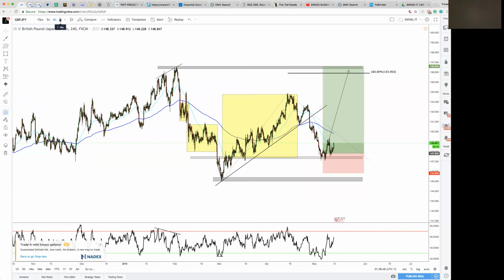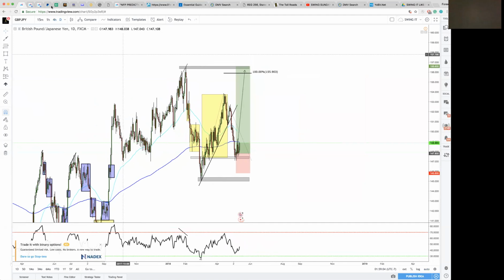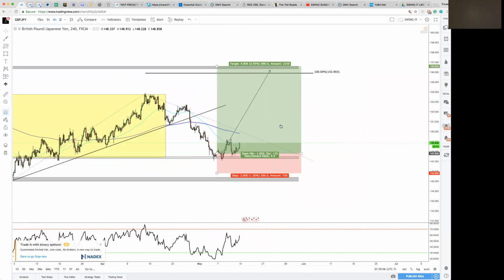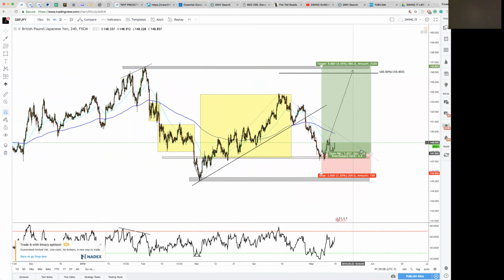Okay, guys. All right, now GBP JPY is pretty much going in our favor for our time frame. Let's zoom in. Yeah. So all we have to do is wait and see how far it can go.